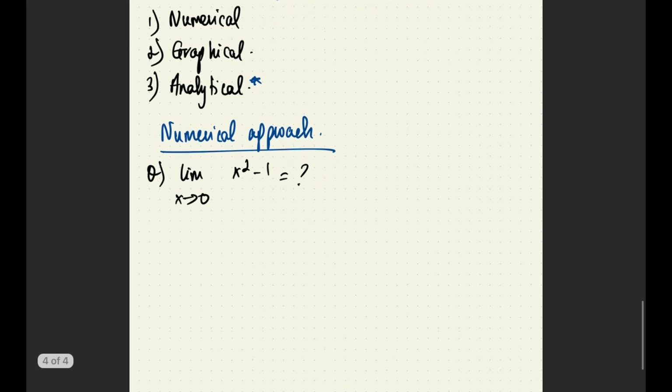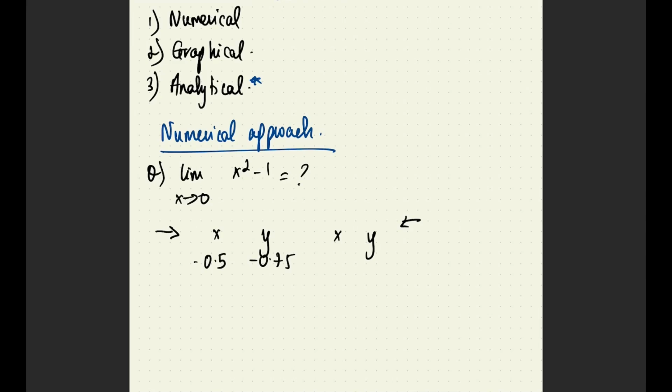The simplest way, as we just did in the previous example, is to make a table of values for both cases: when x approaches 0 from the left hand side, meaning from left to right, and when x approaches 0 from the right hand side, meaning from right to left. When x is minus 0.5, y is going to be minus 0.75.